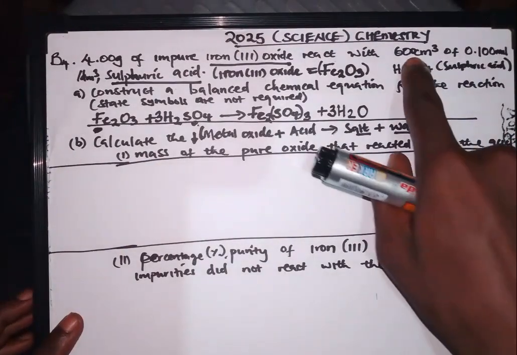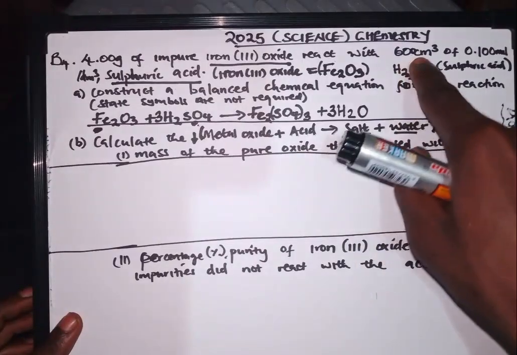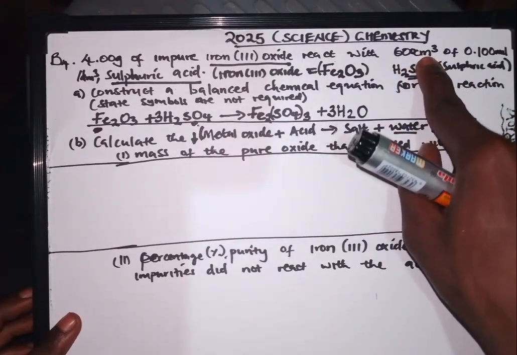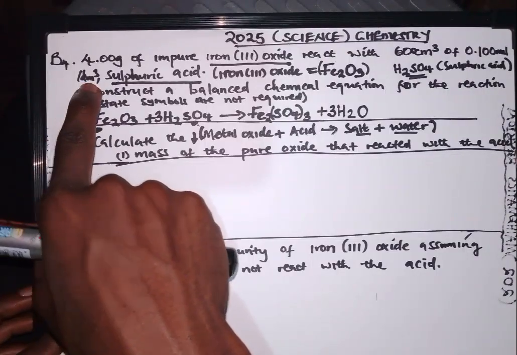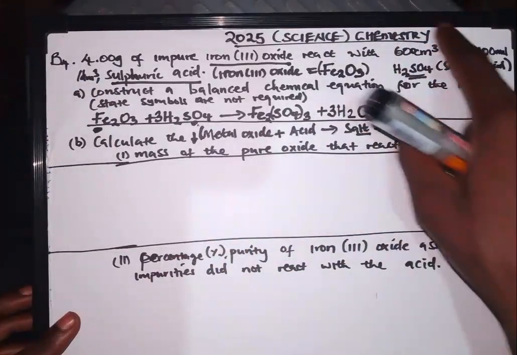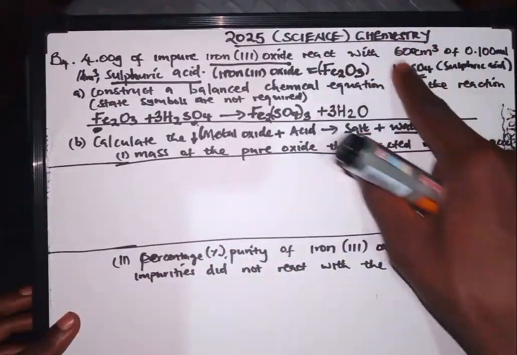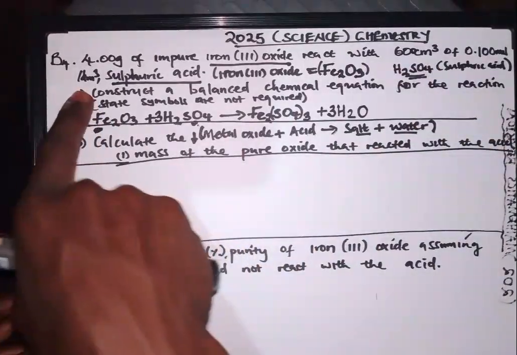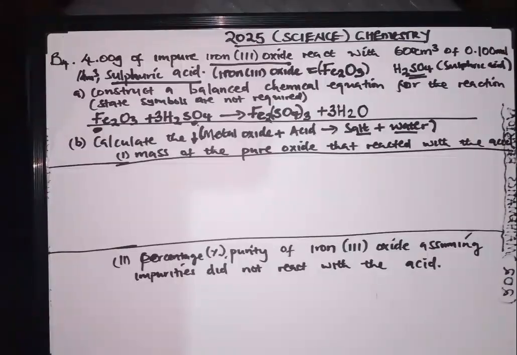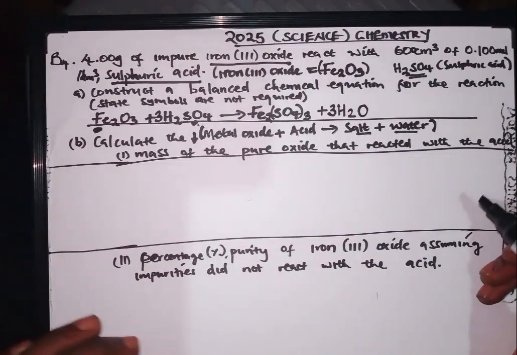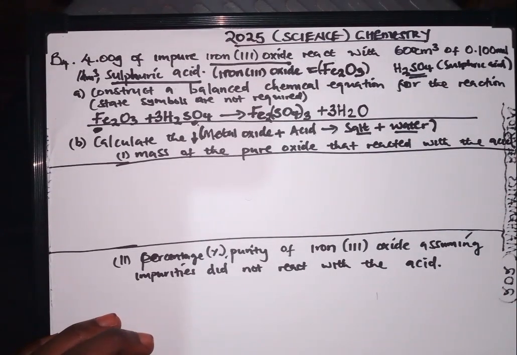So remember here we have 600 cubic centimeter. Then here we have decimeter. So meaning first you need to convert this 600 into what? Decimeter, so that the units match. So how do we convert it? You convert it by dividing it with 1000.